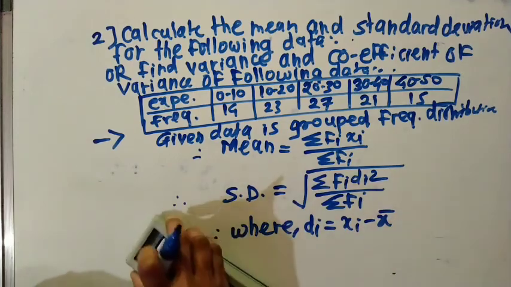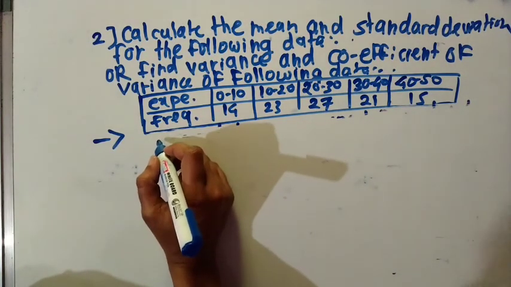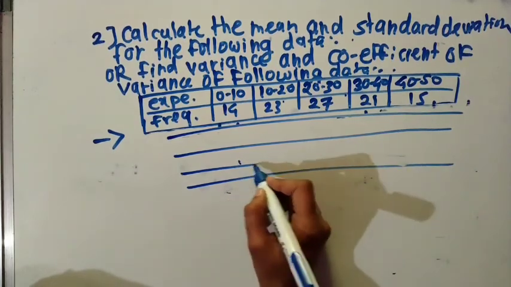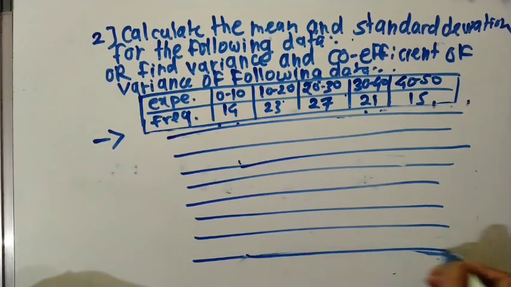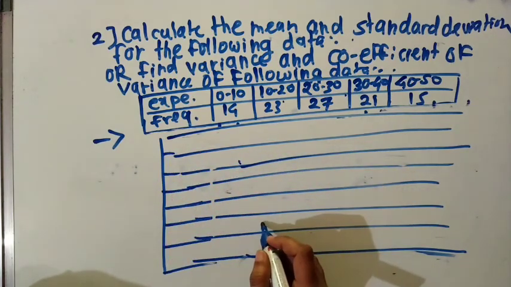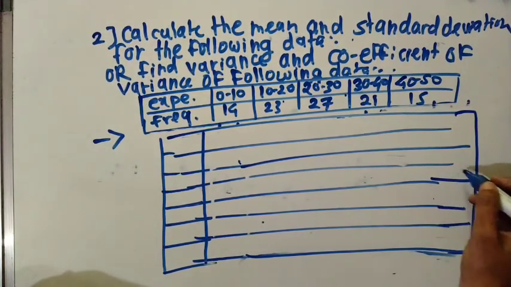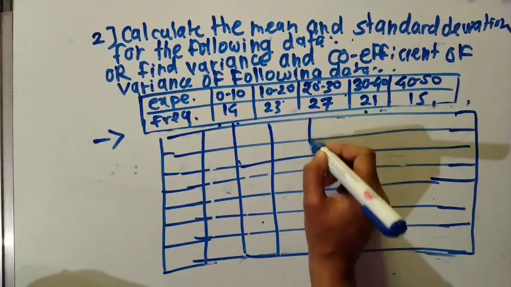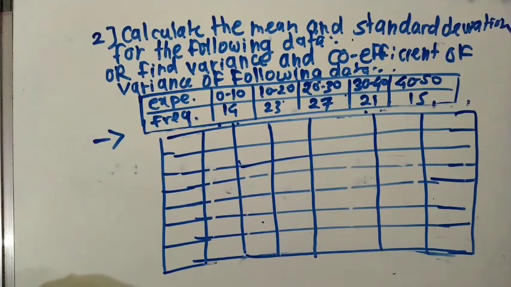Then draw this table for standard deviation, with 7 columns: class interval, xi the mid value, fi, fi into xi, di, di square and fi into di square.